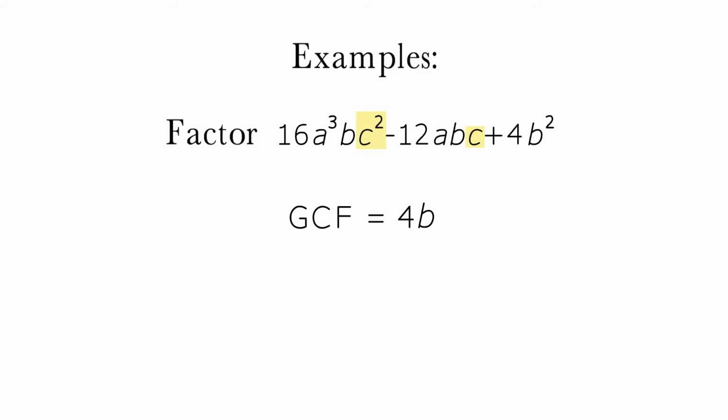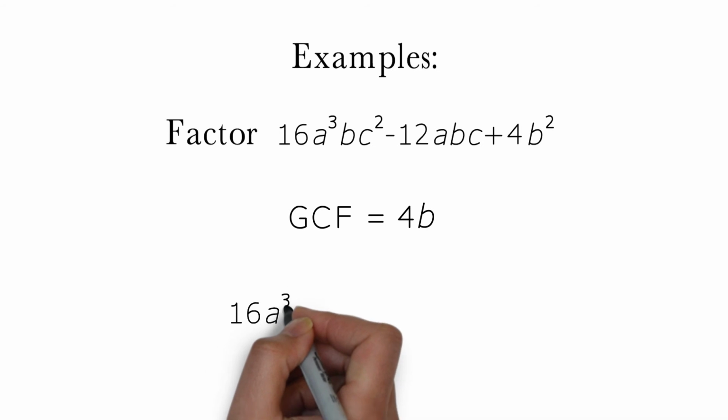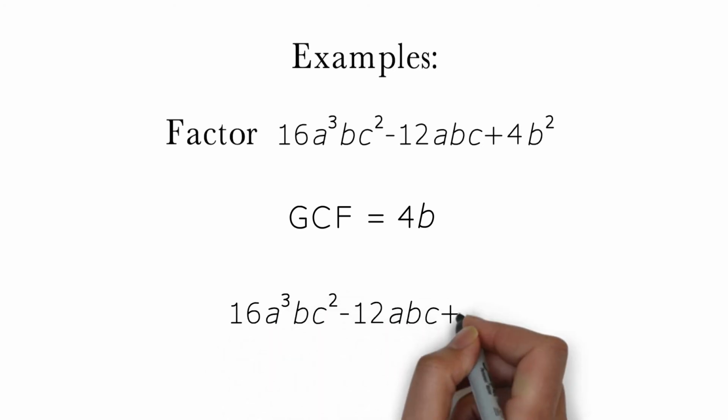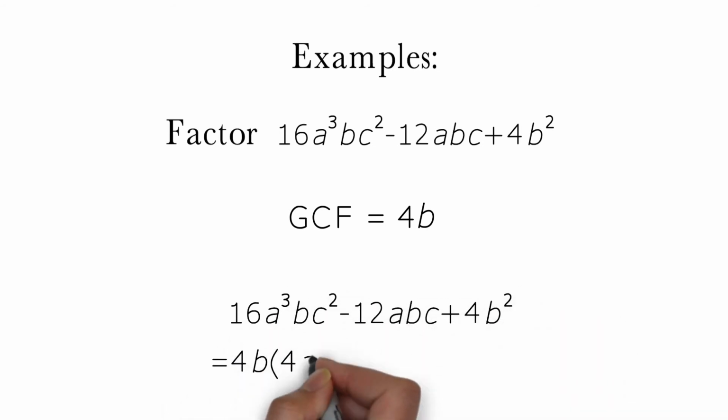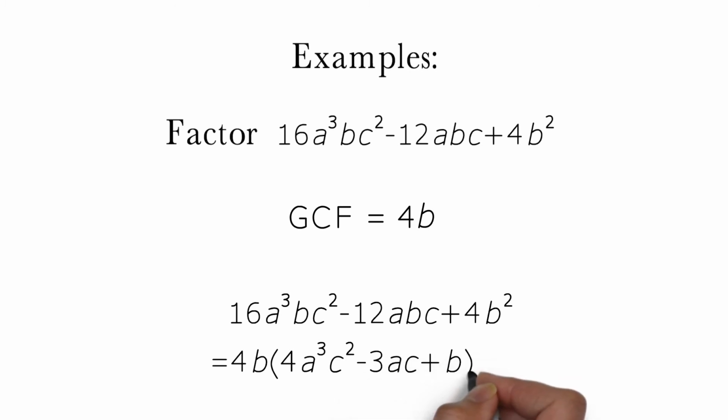Thus, the variable c is not common to each term and will not be part of the greatest common factor. Therefore, the expression 16a cubed bc squared minus 12abc plus 4b squared can be factored as 4b multiplied by 4a cubed c squared minus 3ac plus b.